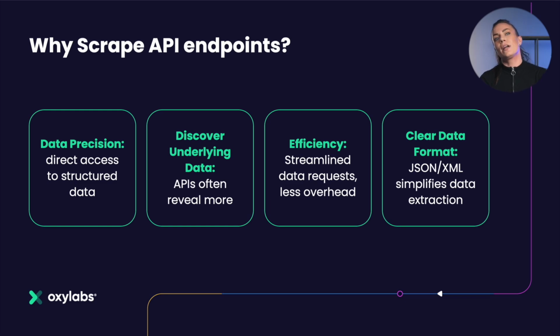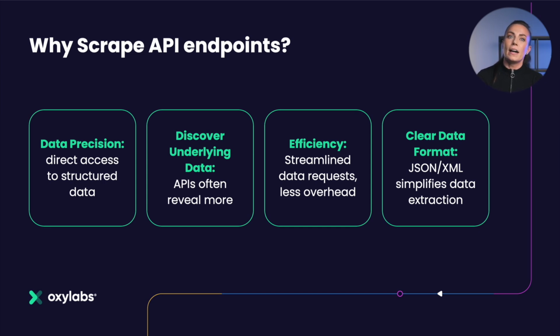When comparing scraping API endpoints with scraping irregular URLs, there are several notable advantages, including data precision, for example. APIs ensure higher data accuracy as they provide direct access to structured data stored within the organization's publicly available databases or systems, reducing the risk of any inconsistencies.